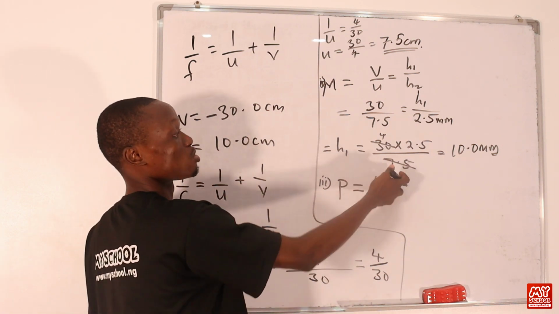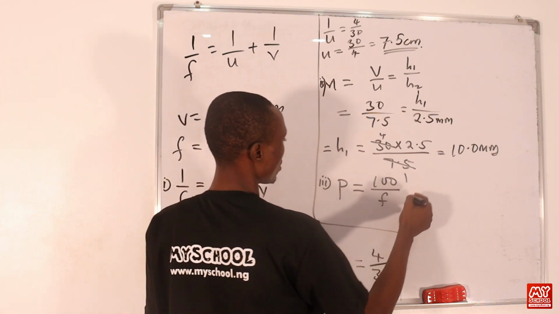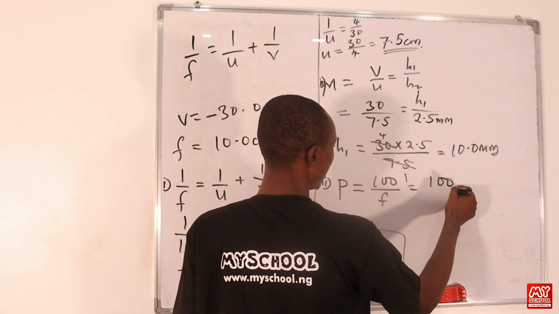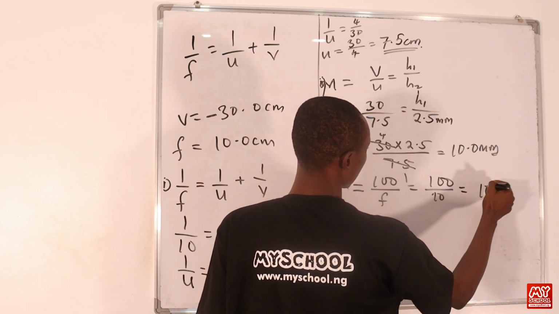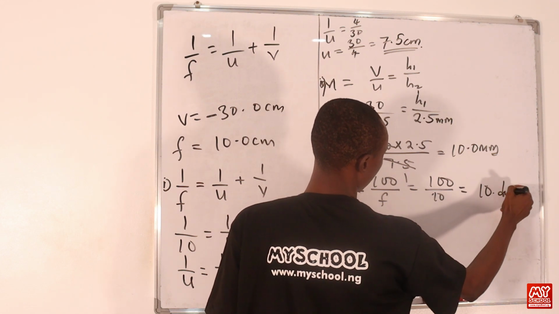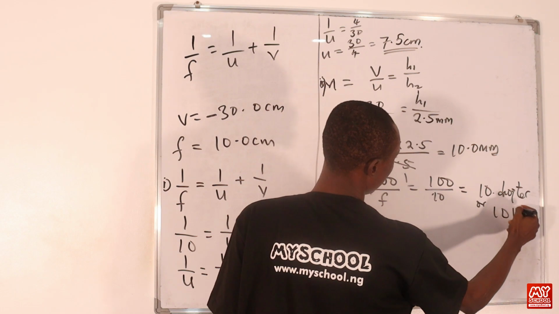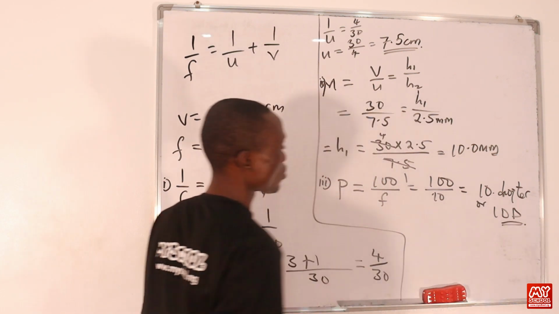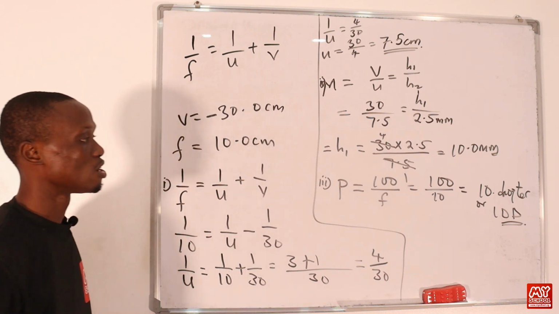I think the essence of this 100 is so that the conversion can be done directly. So here we now have 100 divided by 10. So 100 divided by 10, that will be equals to 10 diopter, or let us say 10D for diopter. So the power of the lens is equals to 10 diopter.